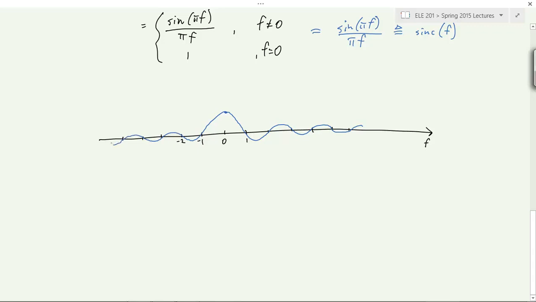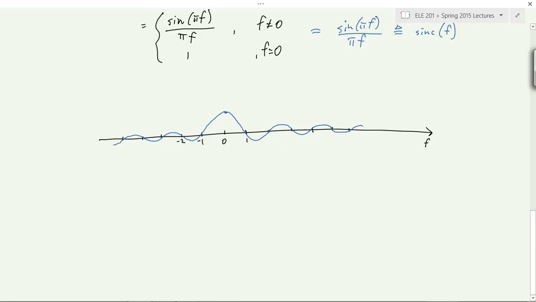It has anti-symmetry, right? But so is pi f. So when you divide by pi f, you get something that's even. You get an even function. Okay? And notice for every integer value of f, this is going to hit 0, except for the value f equals 0. That's the only one where it doesn't cross 0. Okay?